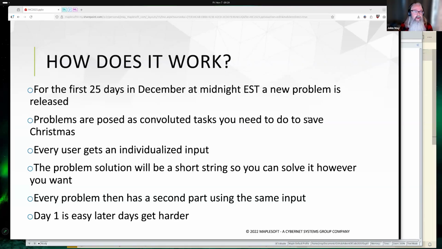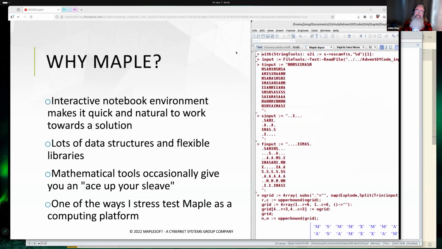So the question: why do I use Maple to do it? The reason is that I program in Maple every day, all the time, and so it is extremely comfortable to write in Maple.